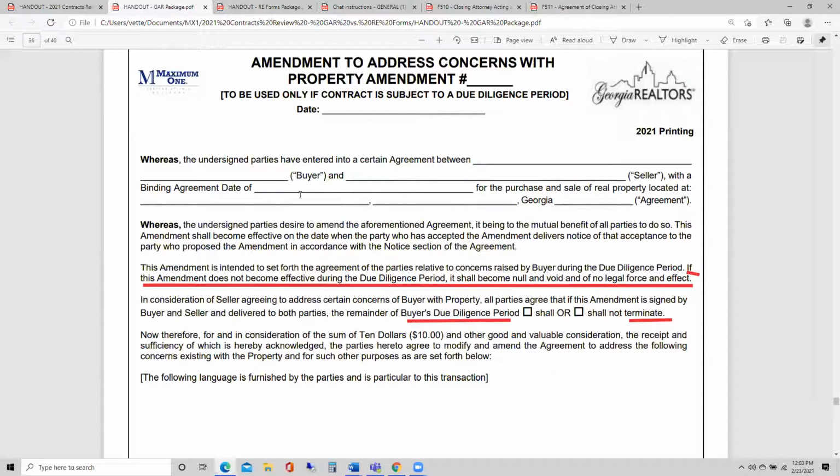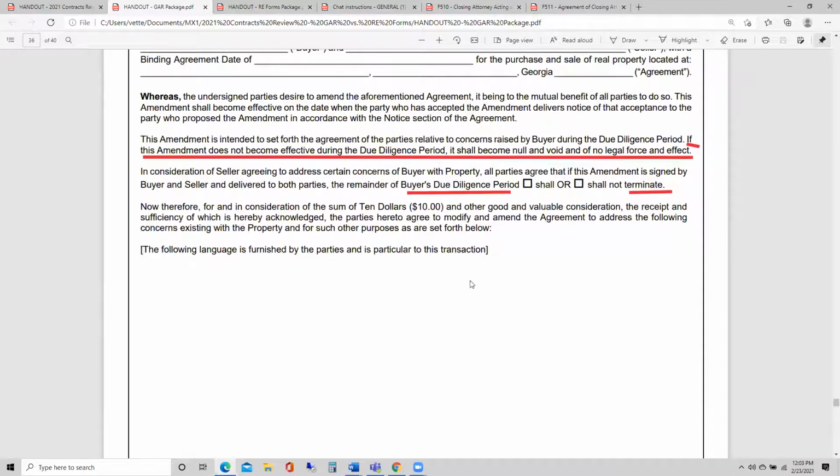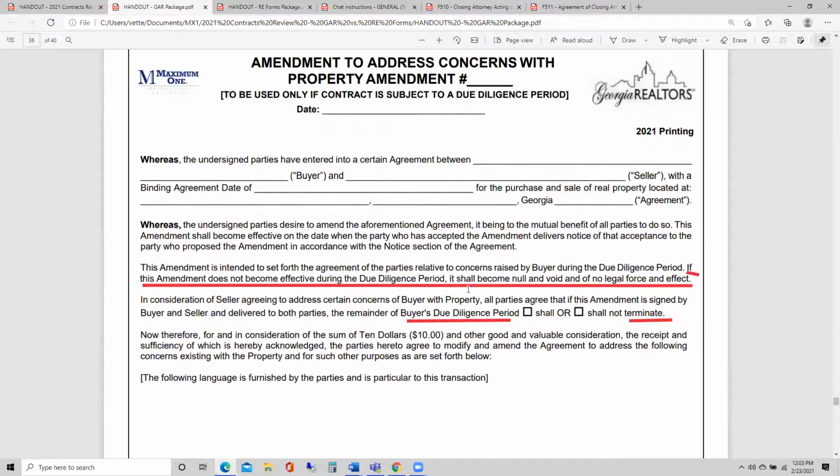The main differences are, and this is where a buyer asks the seller to address certain concerns with the property. Here are the main differences. Under the GAR Amendment to address concerns with the property, it has verbiage. This was brand new in, actually, August of 2019 is when this paragraph came in.